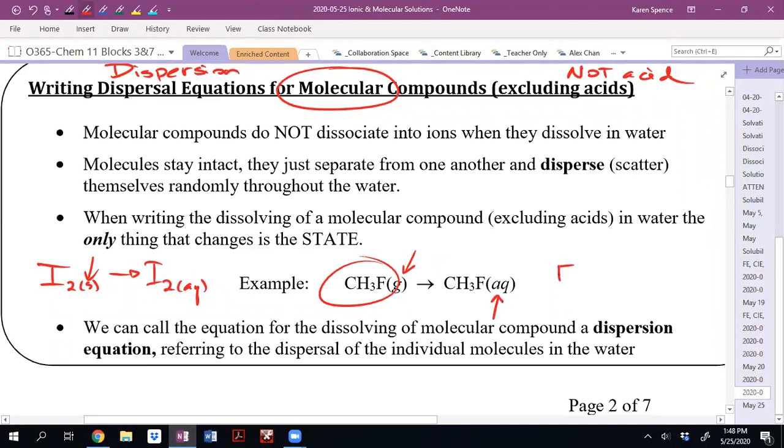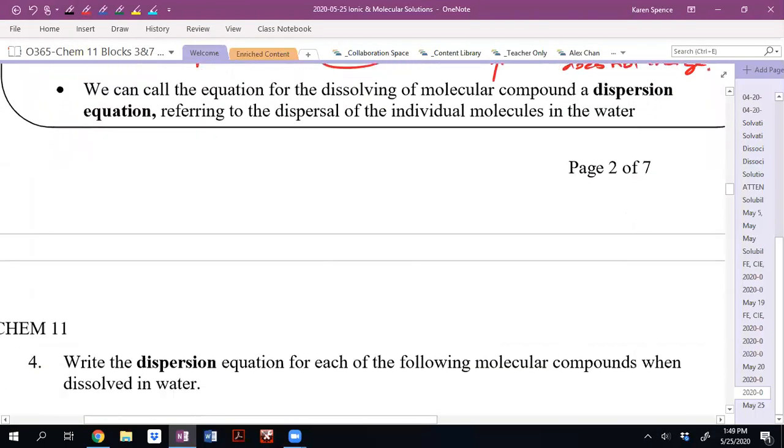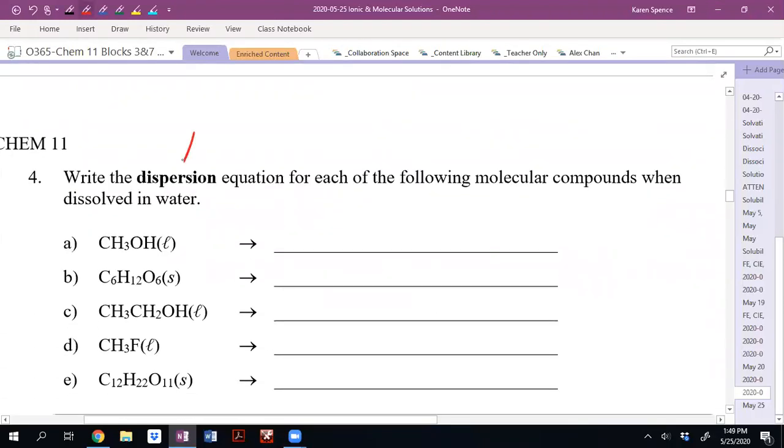But the formula does not change because the molecules stay intact. So really, question number 4, where you're writing the dispersion, should be really easy. You're basically just rewriting the compound and writing aqueous afterwards.